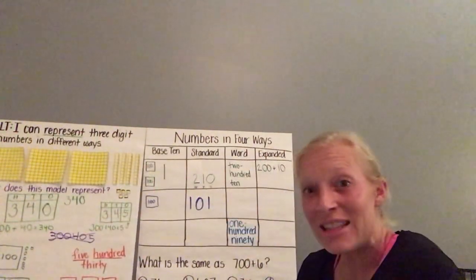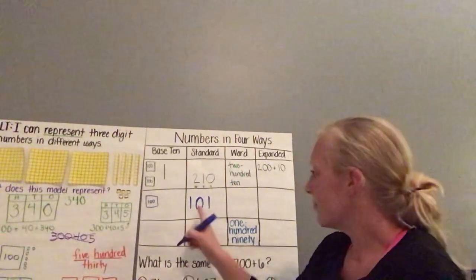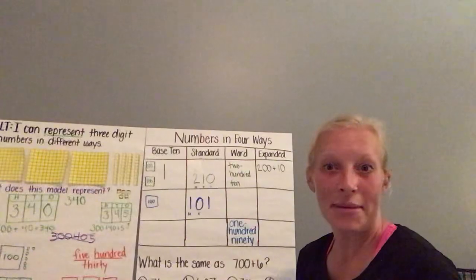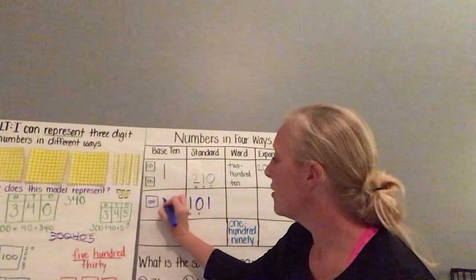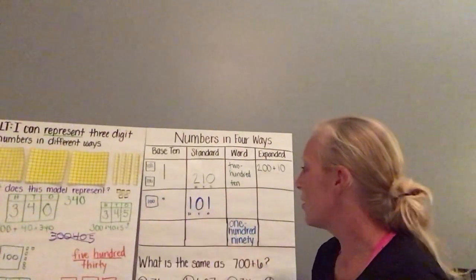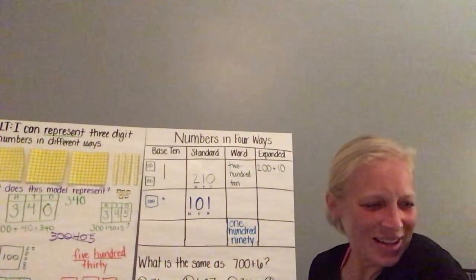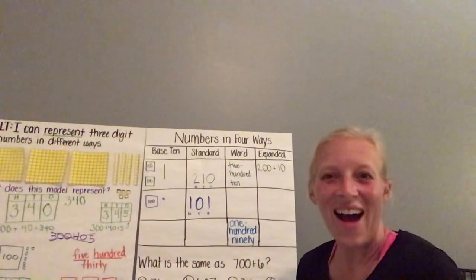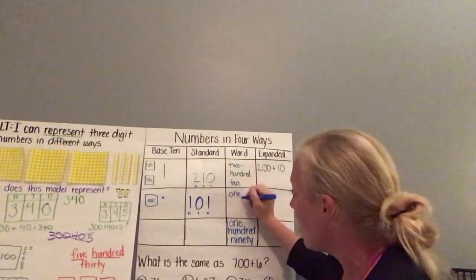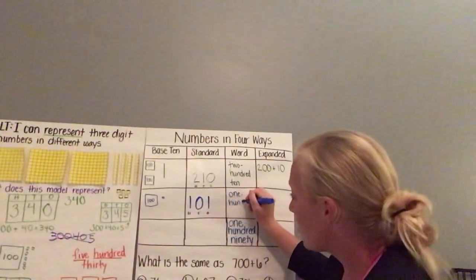How many tens? 0 tens. How many ones? I have my 1 little box for my 1. What number is that? 101. And so I go and I write my 101.